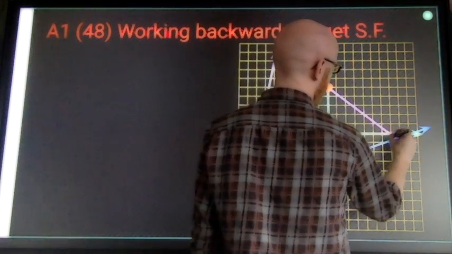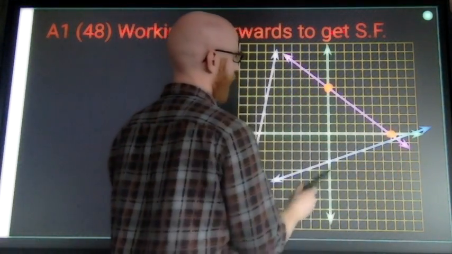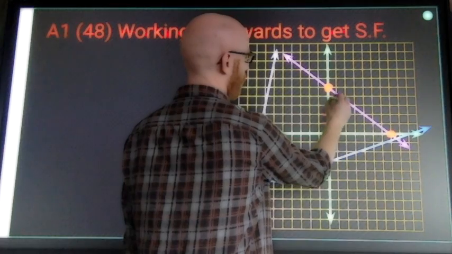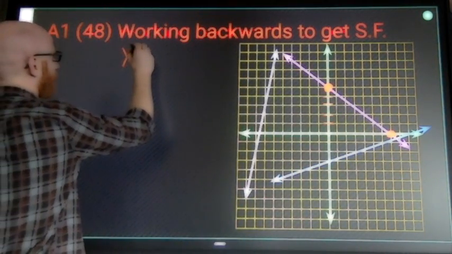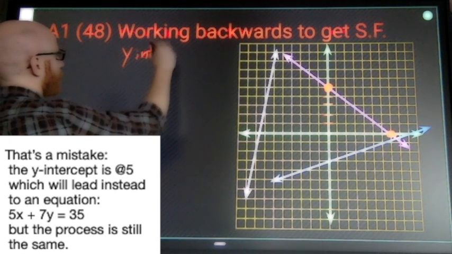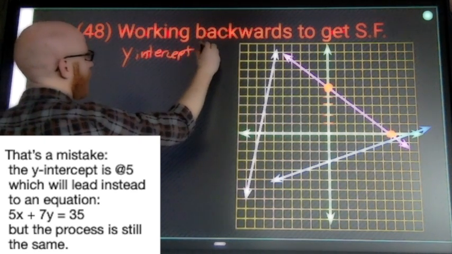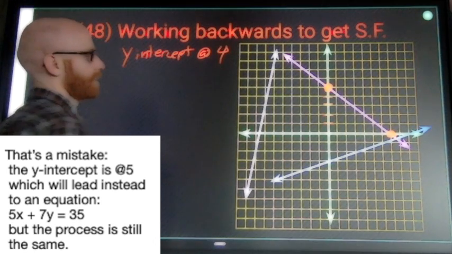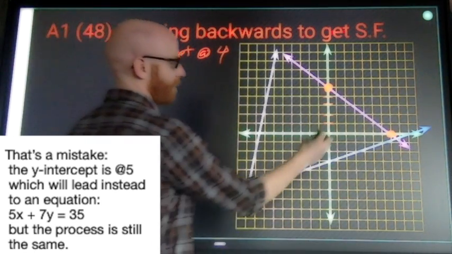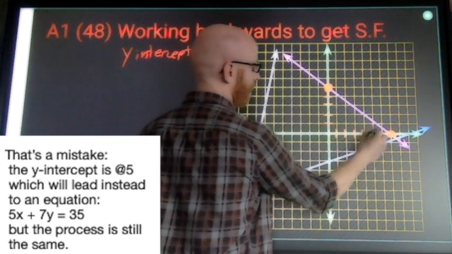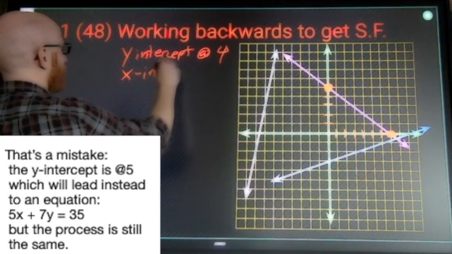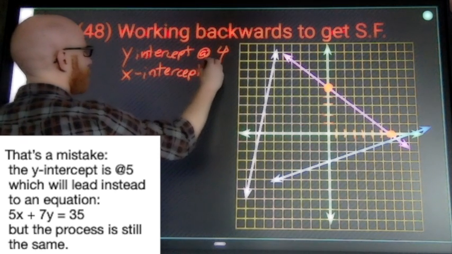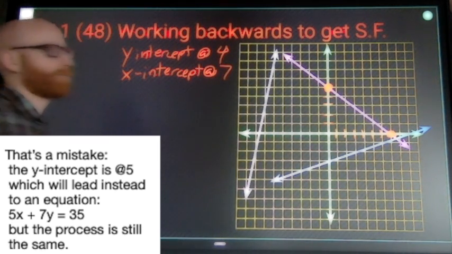So I'm going to look at this pink line. We've got 1, 2, 3, 4. A y-intercept at 4. And an x-intercept at 7. Okay?